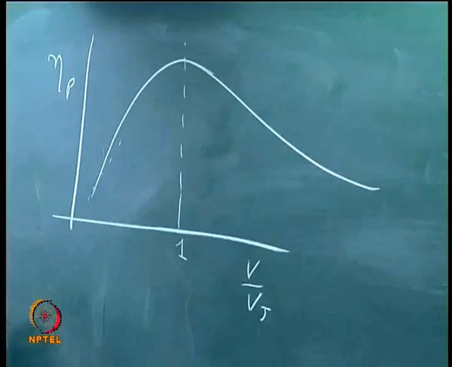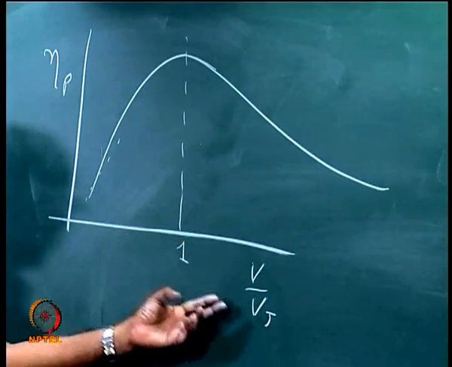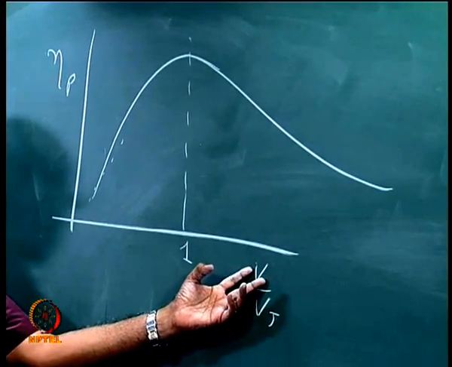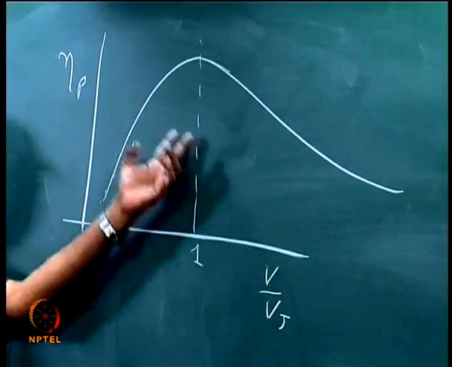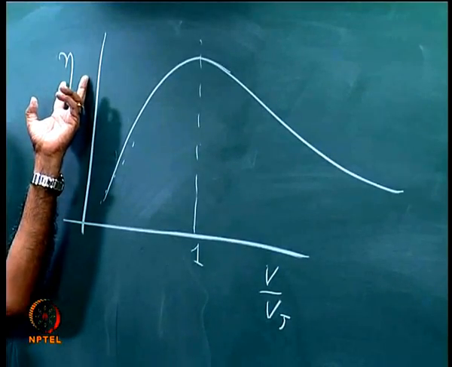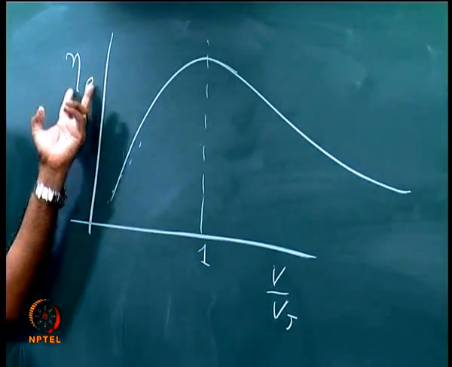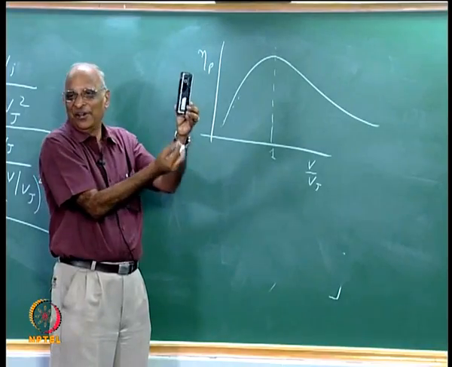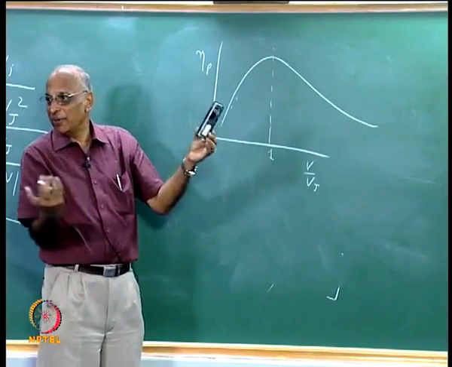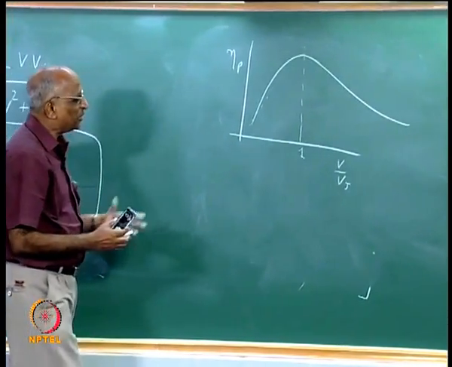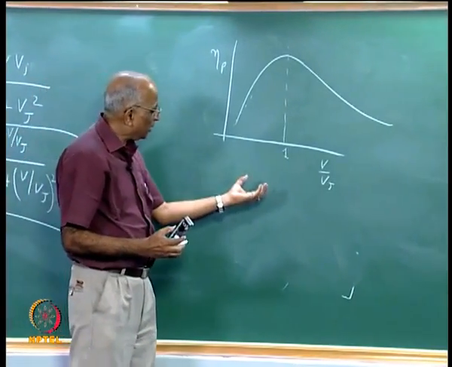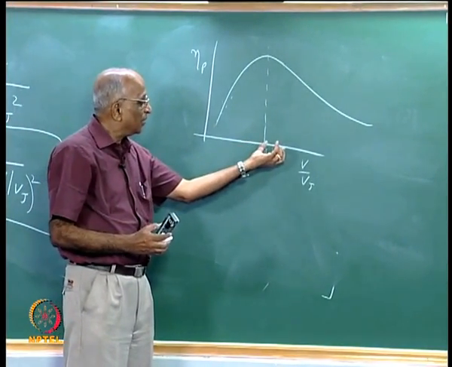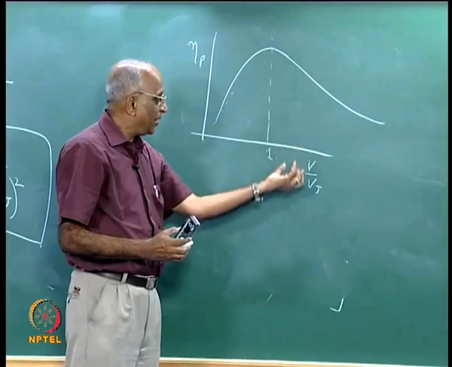Therefore, this suggests that if I can have the exhaust velocity equal to the velocity of flight, then I may be able to get the maximum propulsive efficiency, or rather as the velocity of the rocket changes, if I can somehow keep on changing my exhaust jet velocity, I can get a better efficiency. But then it is just not possible. A rocket is rapidly accelerating and all that.